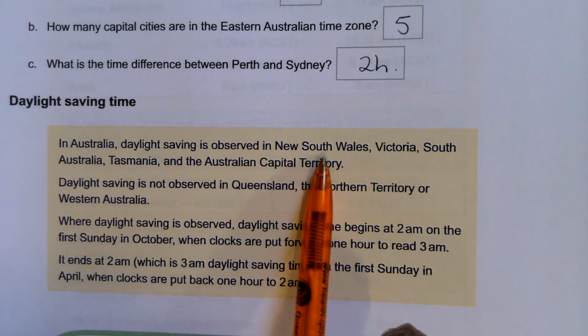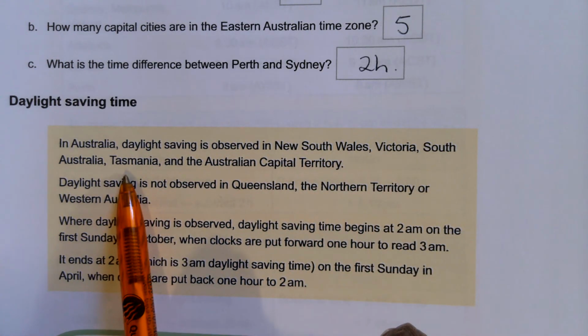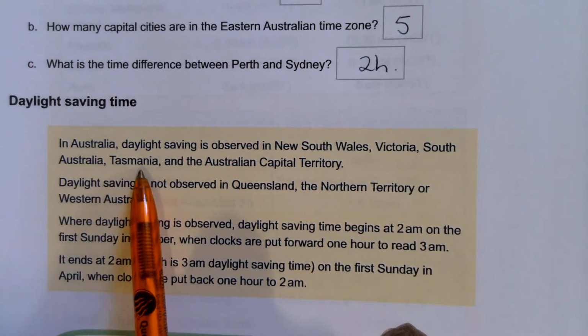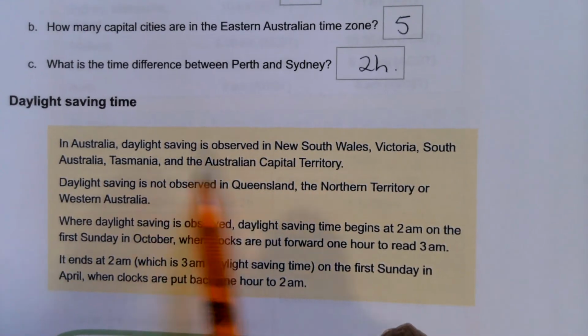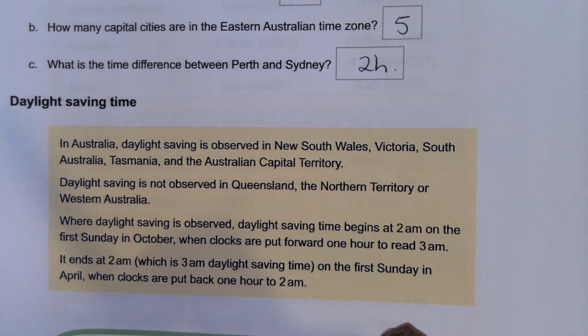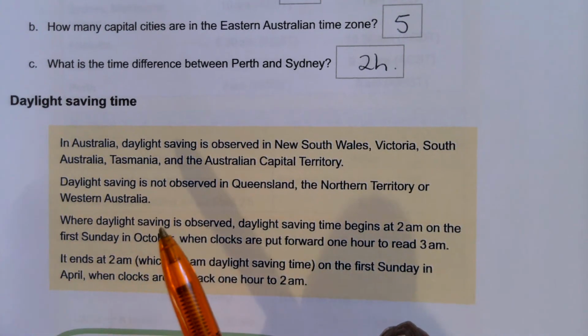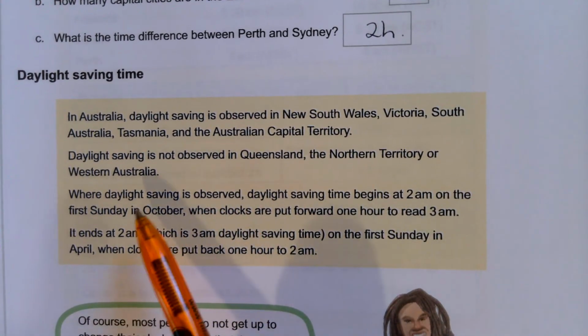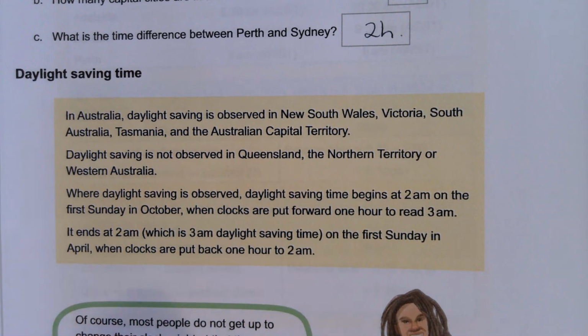So New South Wales and Victoria observe it, and so does Tasmania. Queensland's the only eastern one that does not observe daylight saving. South Australia and the Australian Capital Territory do. So Queensland, Western Australia and the Northern Territory do not observe daylight saving.